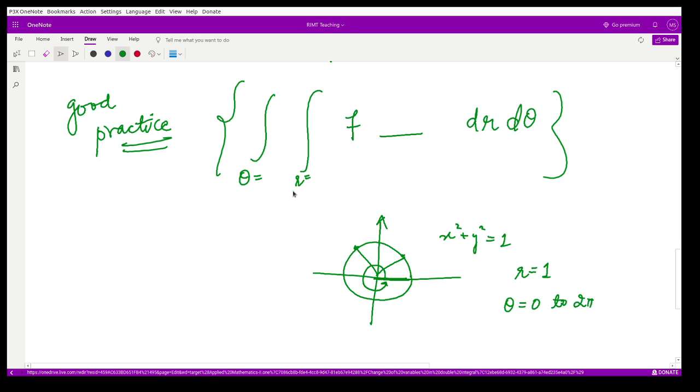Suppose you wanted to calculate the variable limits for r in this particular case, because r is moving from here to here, and suppose you wanted to calculate the area of this particular region. So in this case r varies from 0 to the value of r here, that is equal to 1.